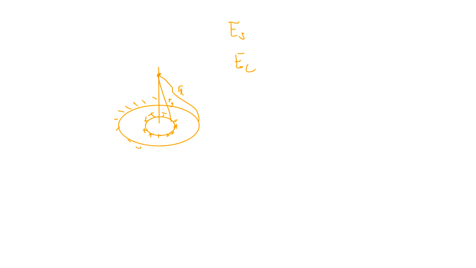Basically you'll be able to add the electric fields, such that there will be the electric field from one ring. Oh, you're not going to be able to see that. Let's do this in a different color. So at point P, you'll have the electric field from one ring and the electric field from the other, and it'll equal 0, like that.